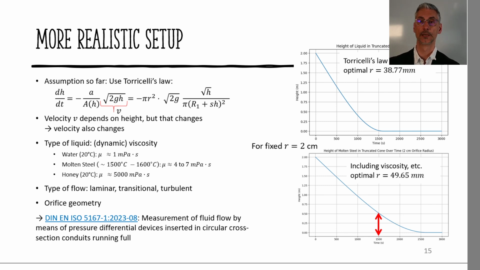If we make some moderate assumptions about the geometry of the outlet orifice, but take the viscosity of steel into account, and we still want to keep to the target time, you can see that before we had found the radius was about 38.77 millimeters, but if you take the viscosity into account and do a little bit more about the outlet orifice, it is actually closer to about 50 millimeters.